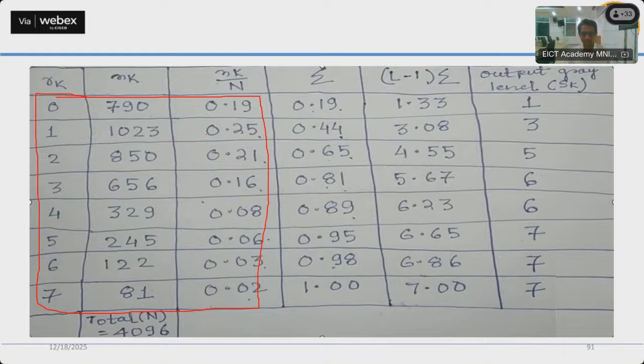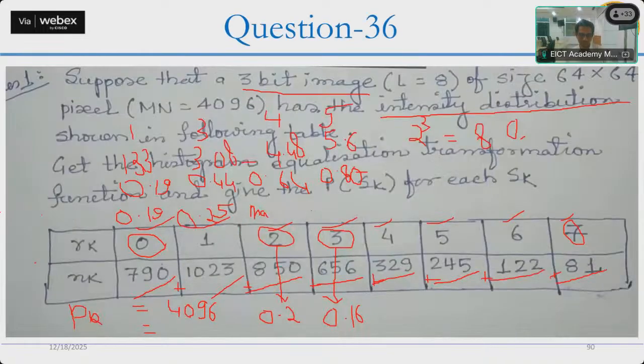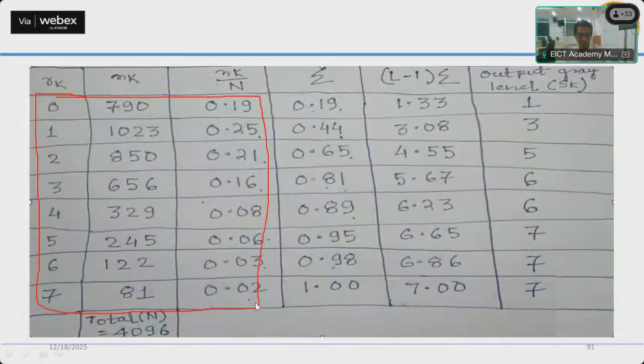I repeat the question again. What do we need to calculate? We have calculated everything for the histogram. We need to find out the P S of K for each S of K. So is the one I have outlined the correct one?